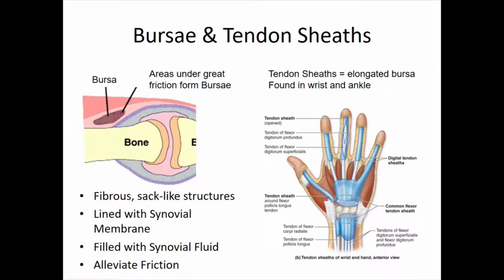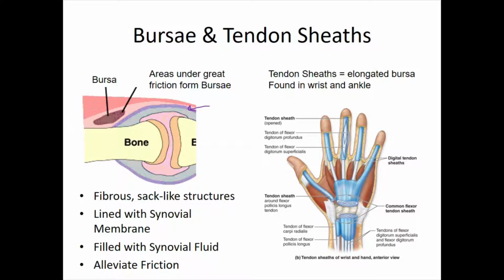Talking about tendons and joint, there's something called bursa or bursae in plural. So a bursa is very, very similar to a joint except you're not forming it around where two bones meet. So the joint capsule has the outer fibrous layer and then an inner synovial membrane. And the bursa does too. And it's filled with synovial fluid.